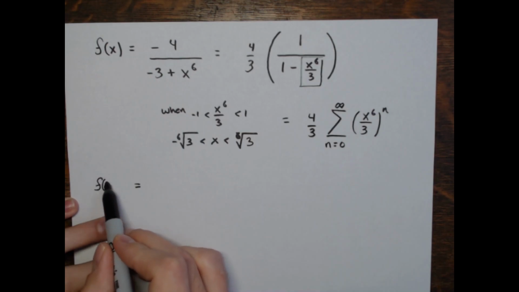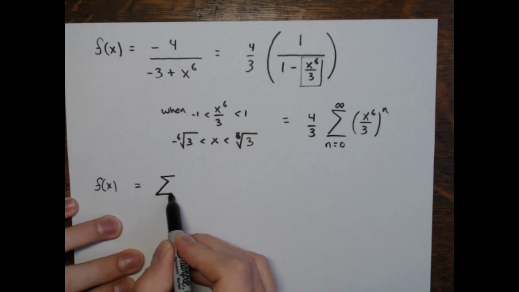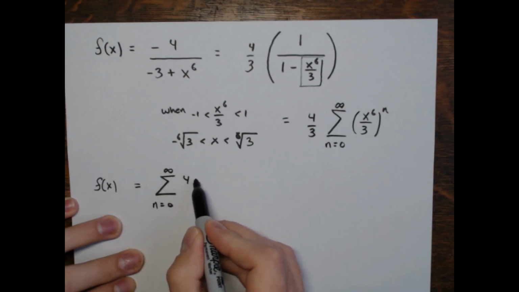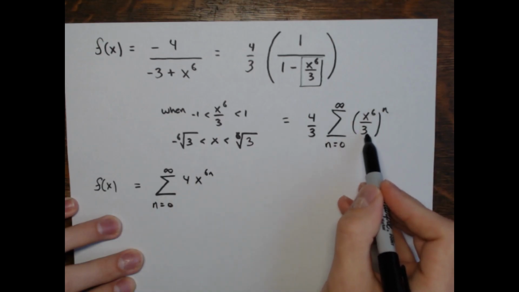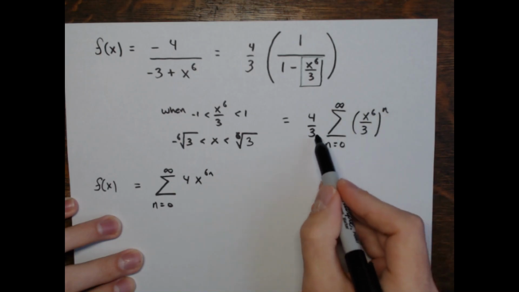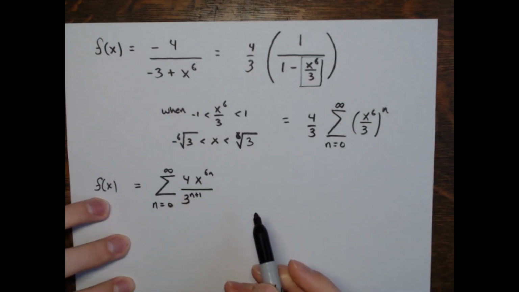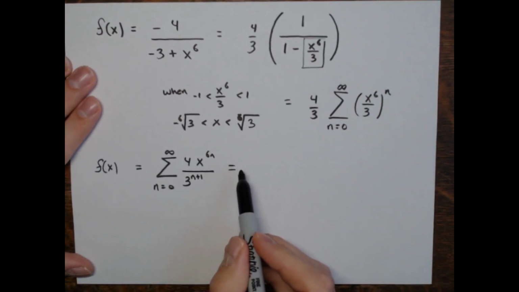So f of x on this interval is the sum from n equals 0 to infinity of 4 times x to the 6n power, and then in the denominator you'd have 3 to the nth times 3, so 3 to the n plus 1.